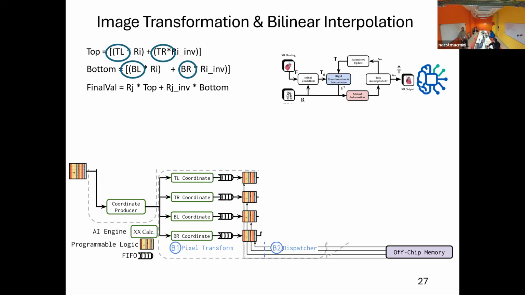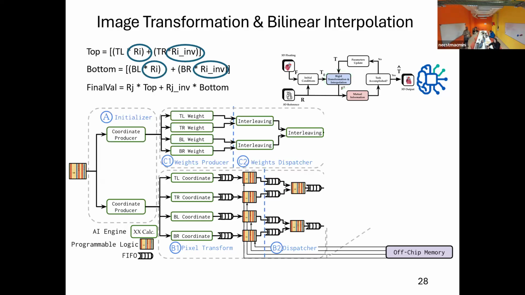And looking at the formulas, the weights can be computed in parallel as they are completely independent from the pixel values themselves. So while the PI components are computing the transformation, on the AI engine part, we can compute the weights for the interpolation and properly reorder data in order to simplify the communication between the kernels.